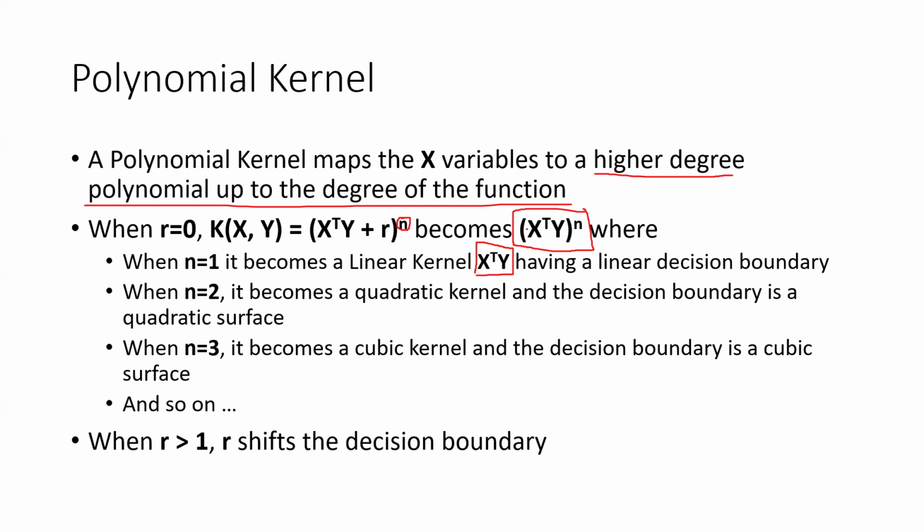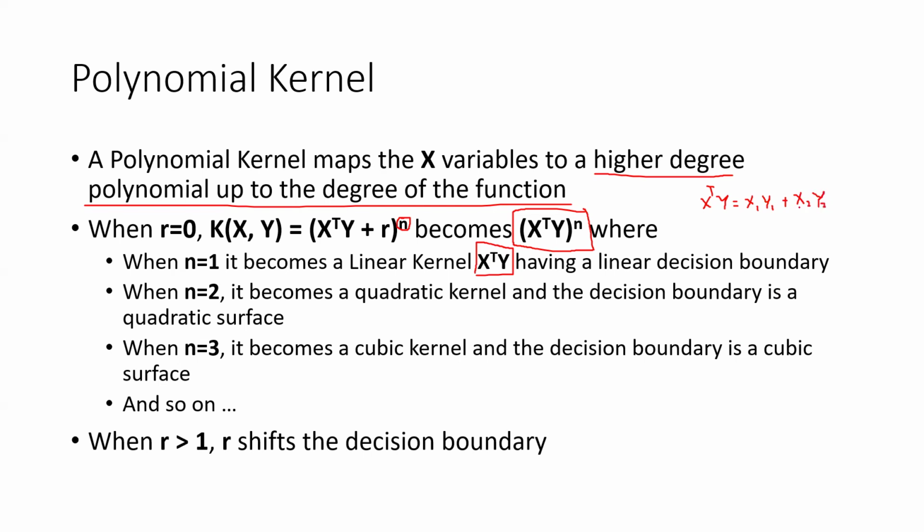If you take the linear kernel, x transpose y is x1 y1 plus x2 y2. This is the dot product, or the inner product, of x and y.